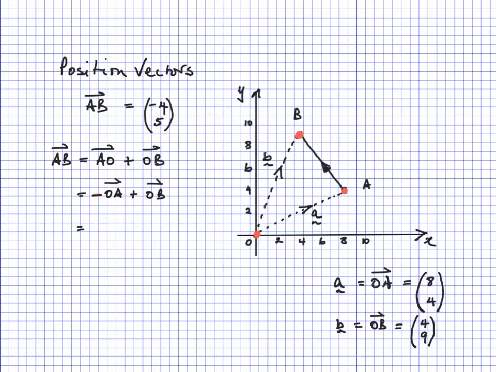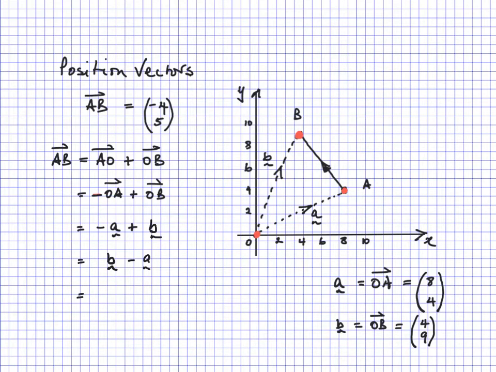Now we know that OA can be written as small a underline, and we know that OB can be written as small b underline. And rather than have it in that form, we can write it as b minus a.